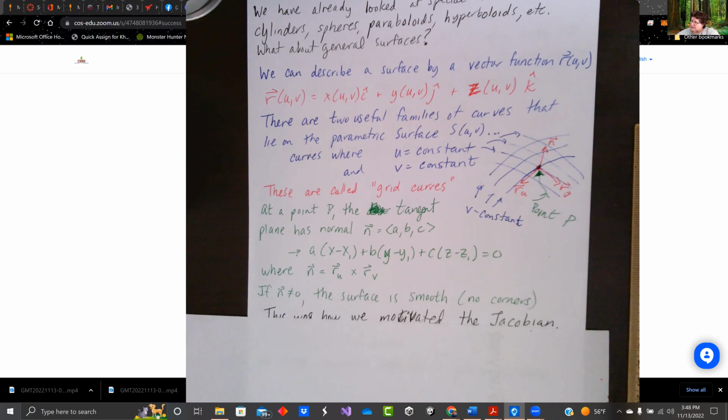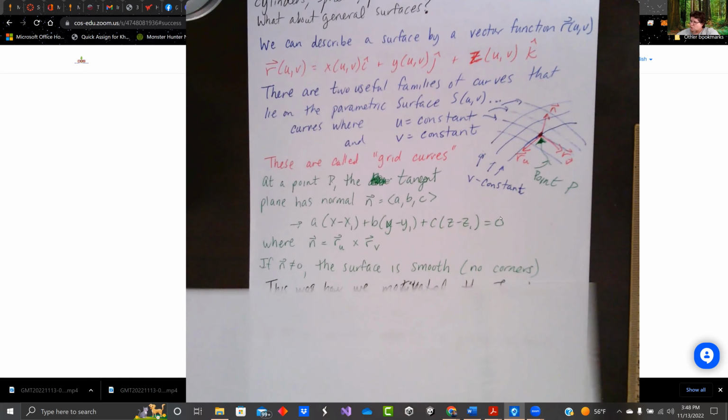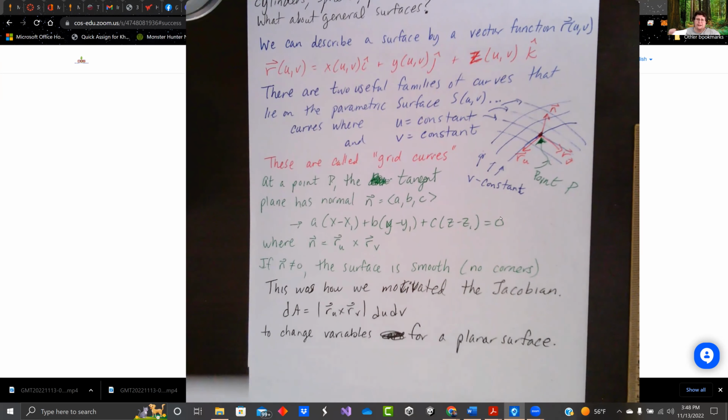This is old news. If n doesn't equal 0, the surface is smooth. It's got no corners. That's actually how we motivated the Jacobian back in chapter 14. The Jacobian was the absolute value of r_u cross r_v, after we took the magnitude.